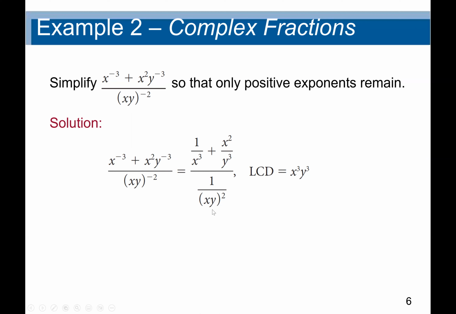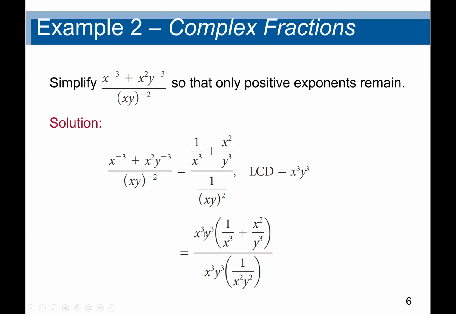So next we can find the LCD. We want to do the top first. So the top, the LCD will be x cubed y cubed. They appear once, we multiply the two. The down is already one term, so we don't need to combine. So after we use the LCD, we get 1 over x cubed plus x squared 1 over y cubed.